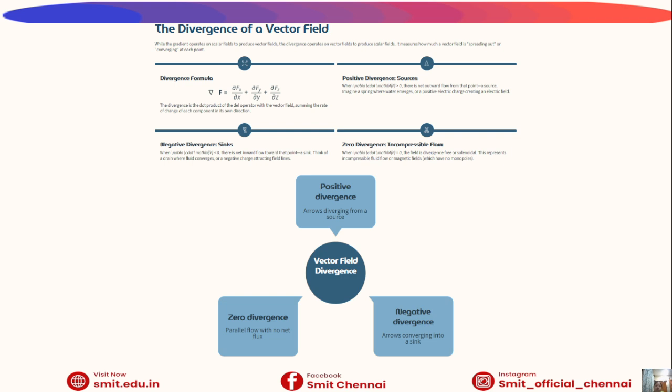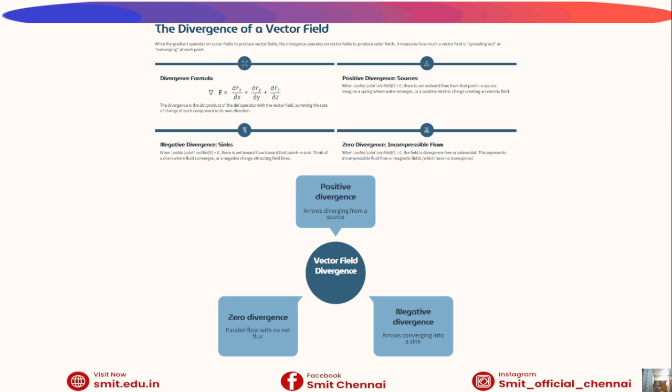Next we see the divergence of a vector field. Divergence operates on a vector field and produces a scalar. It measures how the field spreads out from a point. If divergence is positive, the point behaves like a source. If divergence is negative, it behaves like a sink.